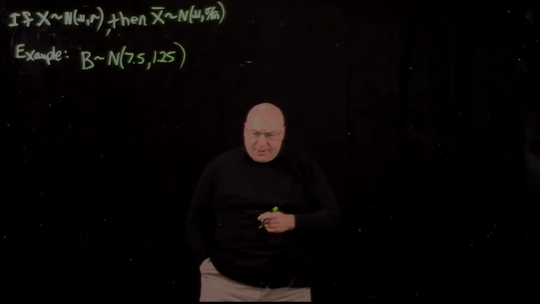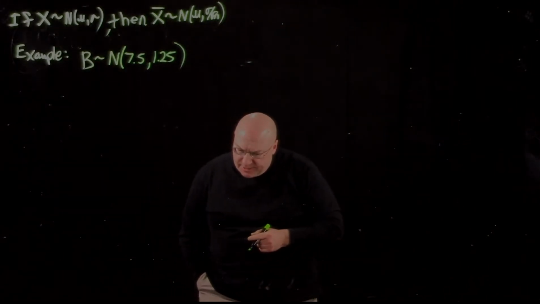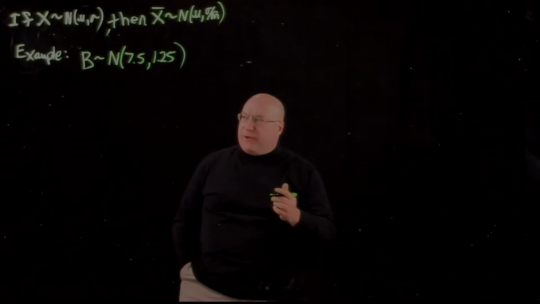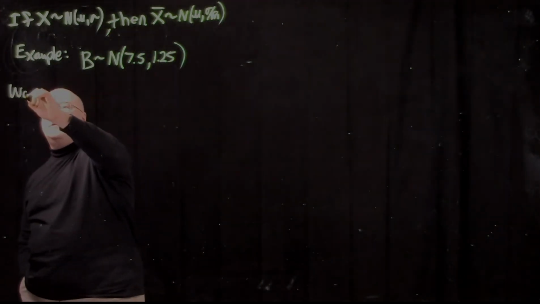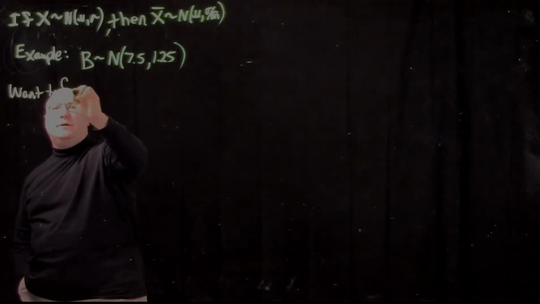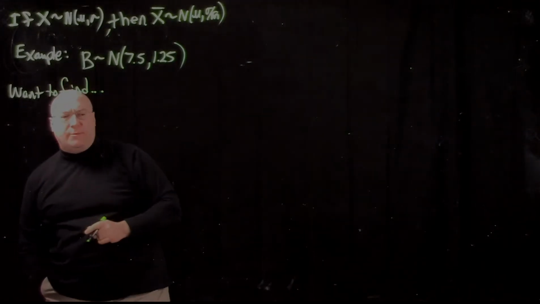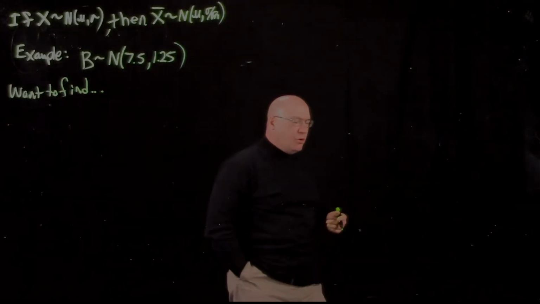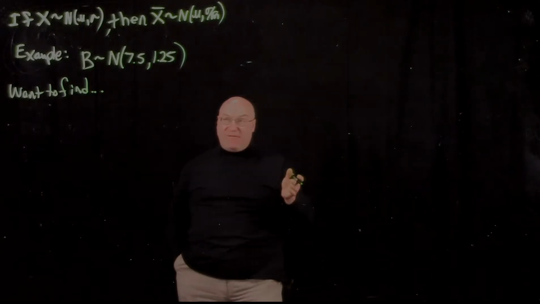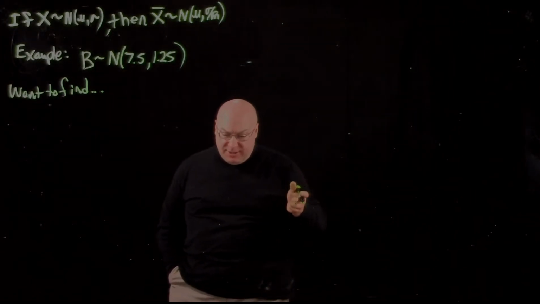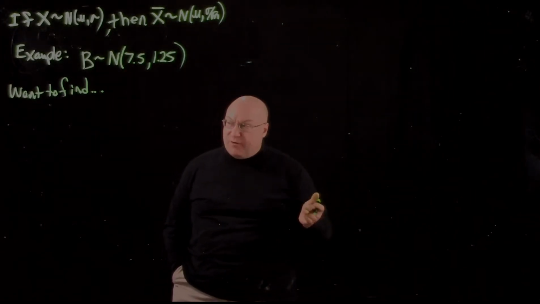All right, so what do we want? We want to find the probability that a randomly chosen newborn will be within a half pound of the mean weight of all newborns.